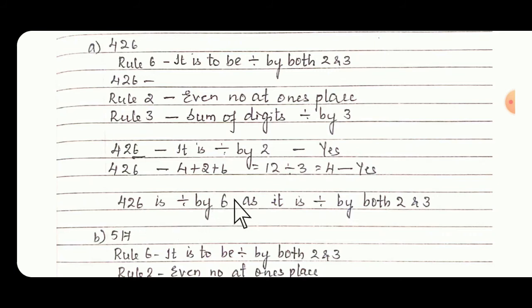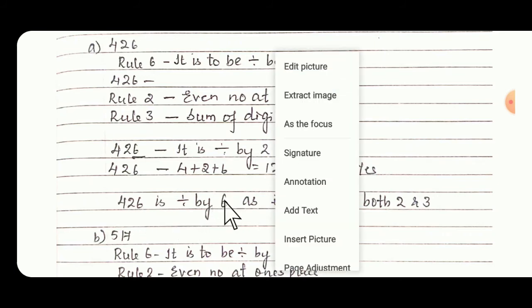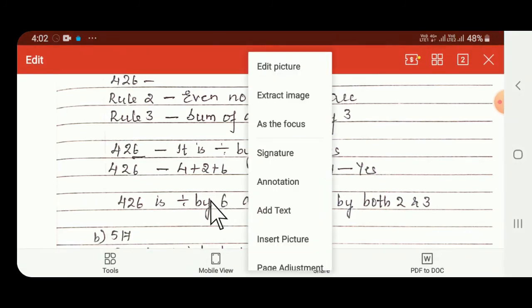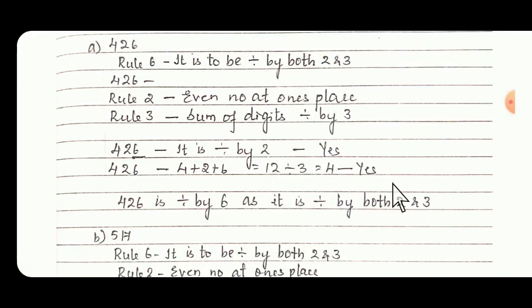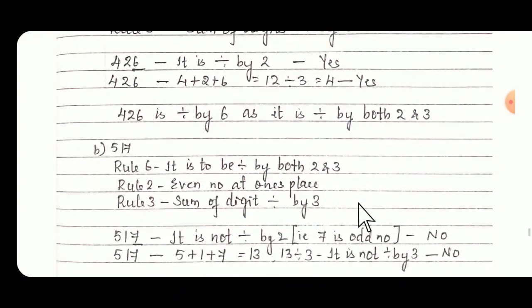426 is divisible by 6 as it is divisible by both 2 and 3. In both the cases, 2 and 3, we got yes, that means it is divisible by 6.